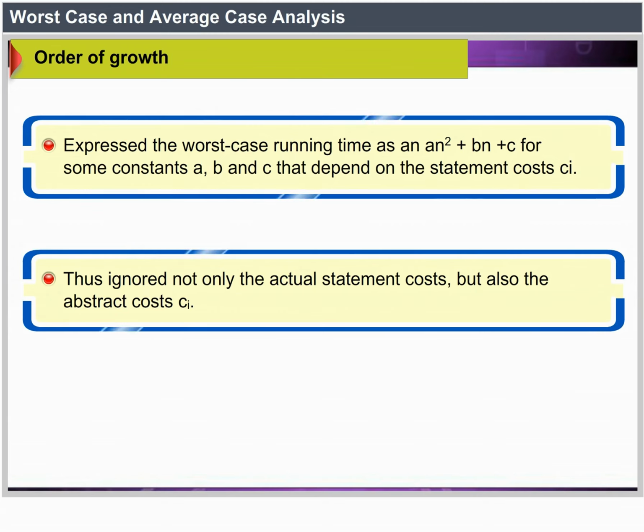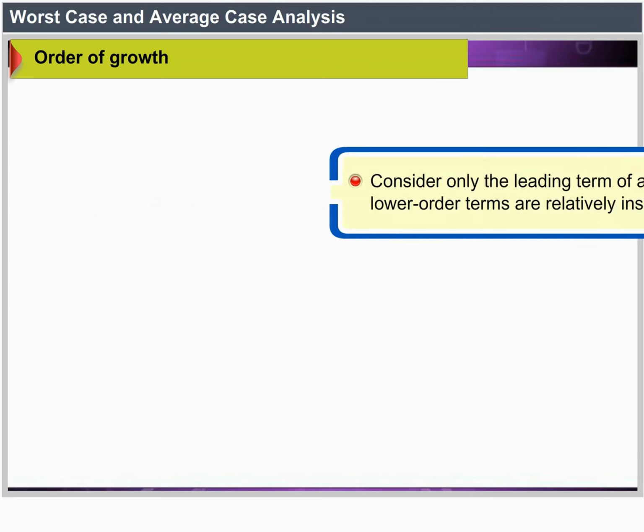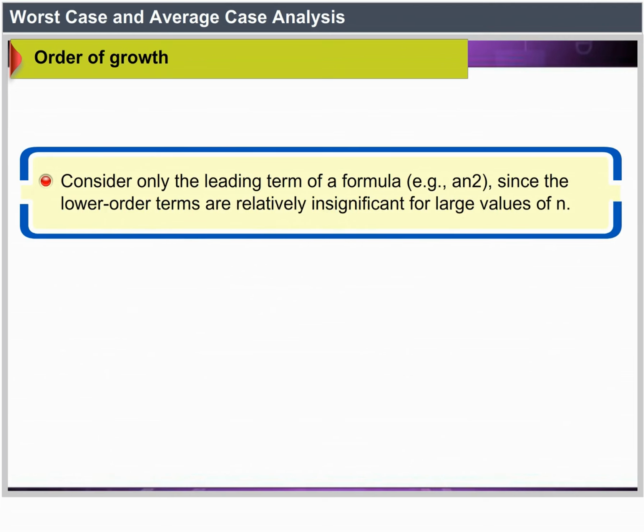We make one more simplifying abstraction. It is the rate of growth, or order of growth, of the running time that really interests us. We consider only the leading term of a formula, for example an squared, since the lower order terms are relatively insignificant for large values of n.